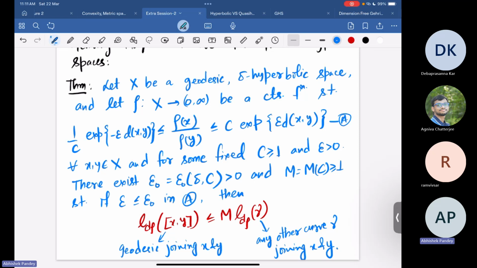This is what we call the Gehring-Hayman theorem for Gromov hyperbolic spaces.